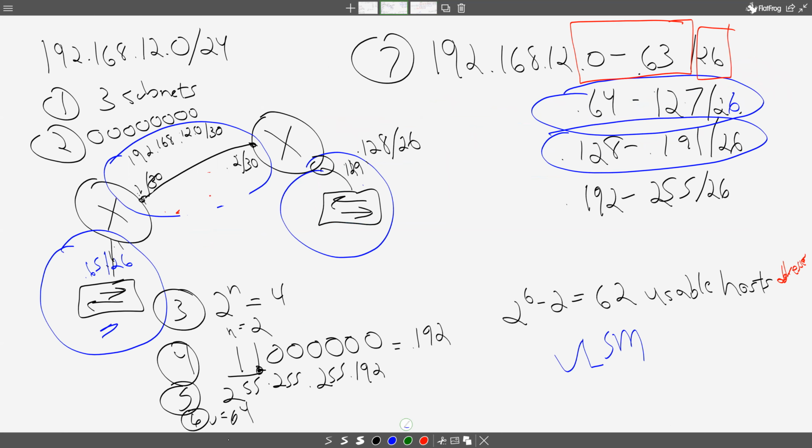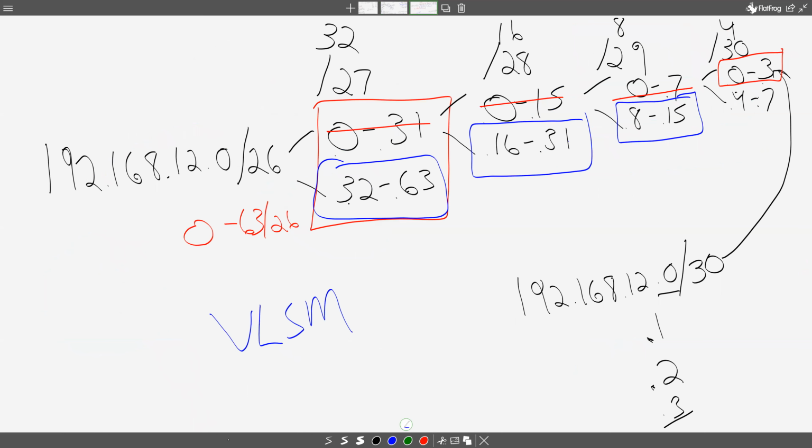Now, I'm also going to tell you something that I don't agree with the curriculum on. The curriculum always has you pull your biggest subnet, however many hosts you need, from the lowest range. That's what the curriculum always does. Folks, in the real world, I want .0, .4, .8, .12, .16, .20, .24, .28.